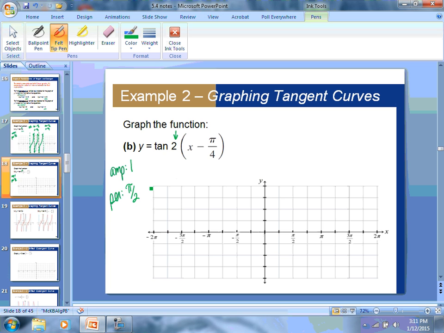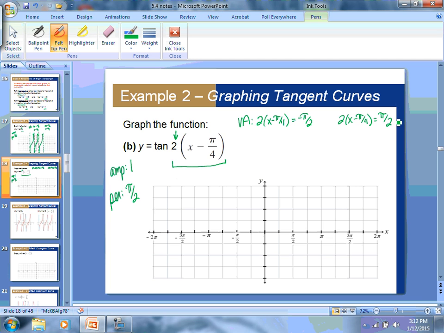And then I have to do my phase shifting, which is really my vertical asymptotes. So for my first vertical asymptote, I'm going to take this whole thing, 2 times x minus pi over 4, and set it equal to negative pi over 2. And then I'm also going to set it equal to a positive pi over 2.